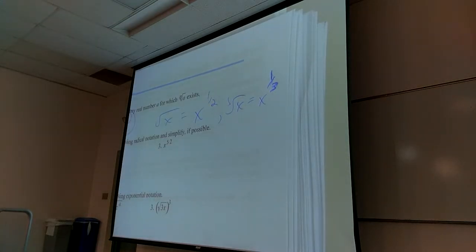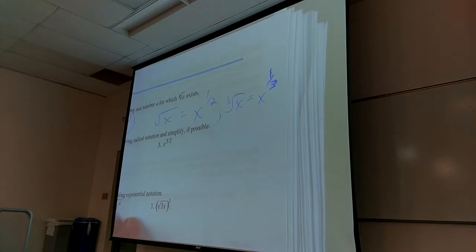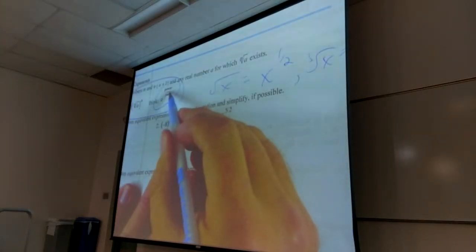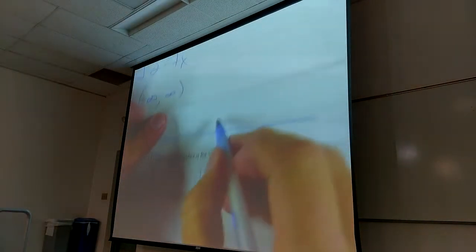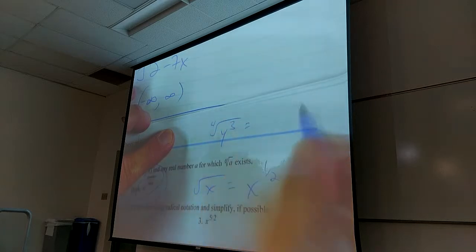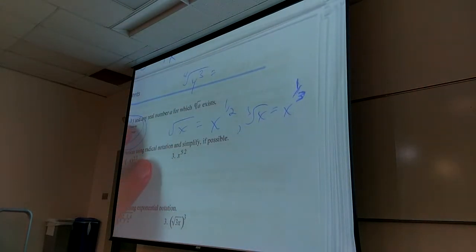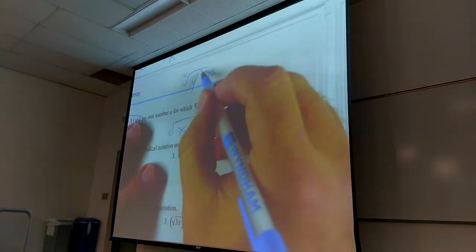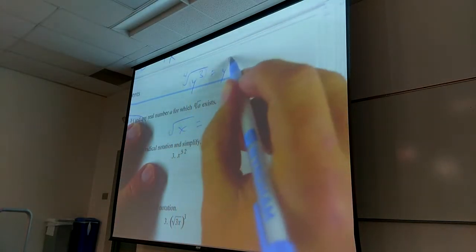Now, if there's a power in the problem, powers are up top. Power up top, root on the bottom. So for example, if I had the 4th root of y to the 3rd power, let's do this one step at a time, watch. So if it's the 4th root of something, it's that thing to the what power?